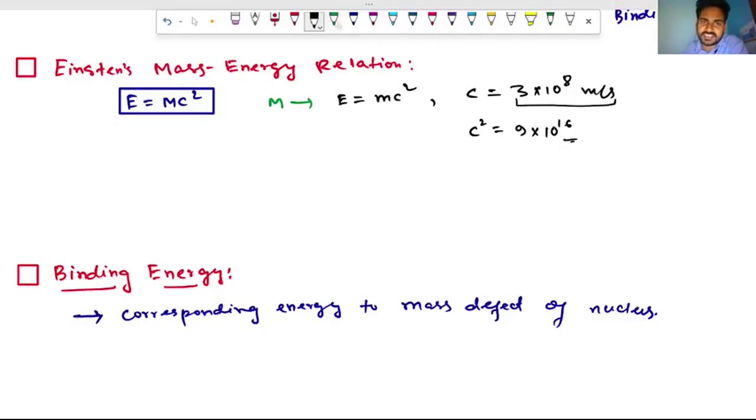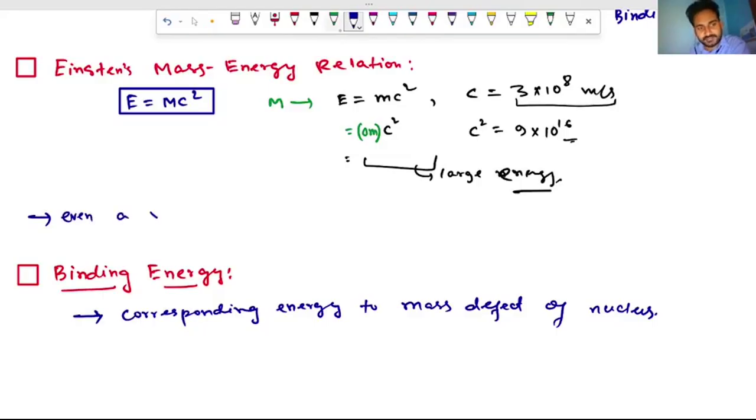So now if we take a very small mass here, delta m, as we are multiplying c square, a very large number, with a very small mass, then also it will give a large energy. So we can write in words that even a very minute mass releases very huge energy.